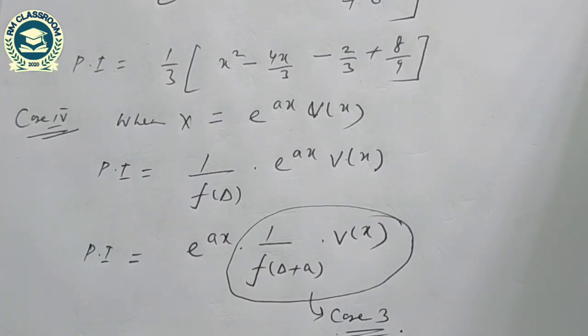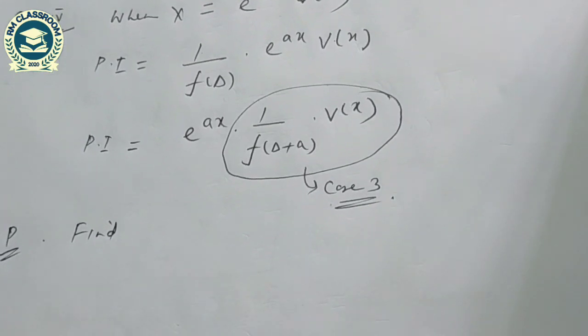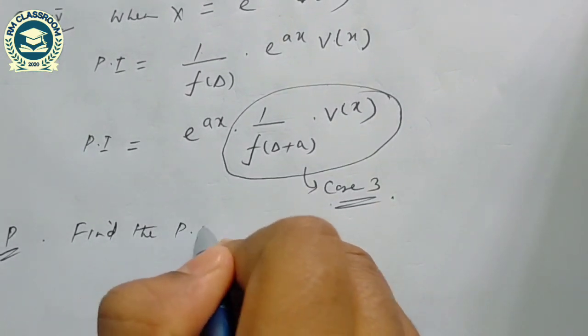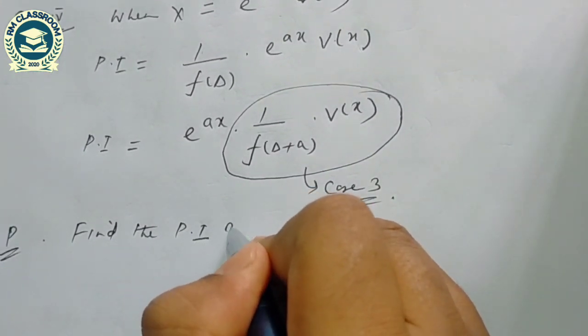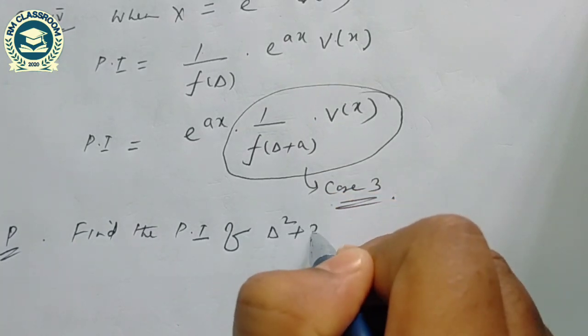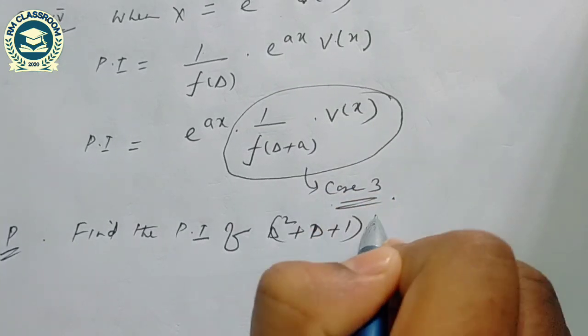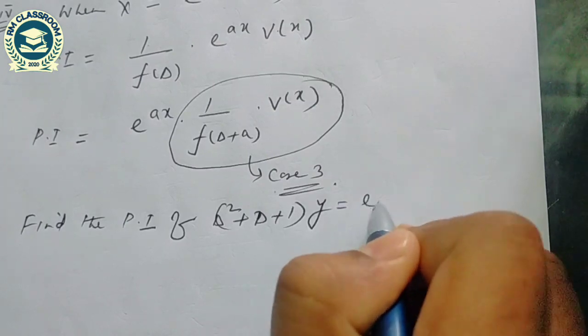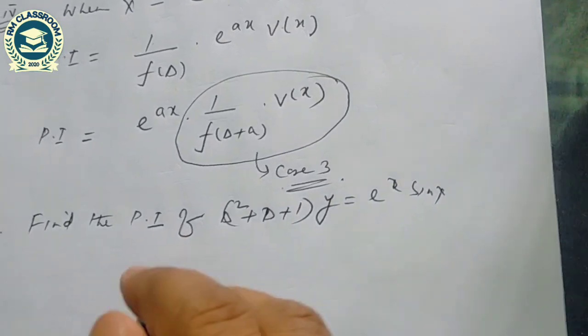Find the particular integral of D square plus D plus 1 into y is equal to e to the power x into sin x.